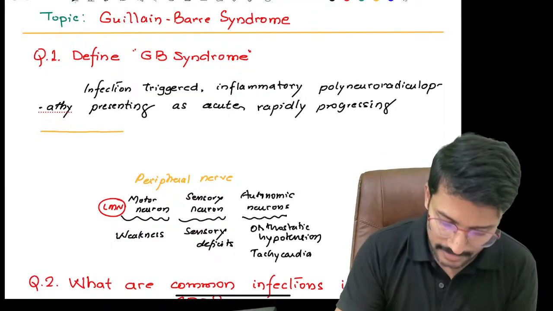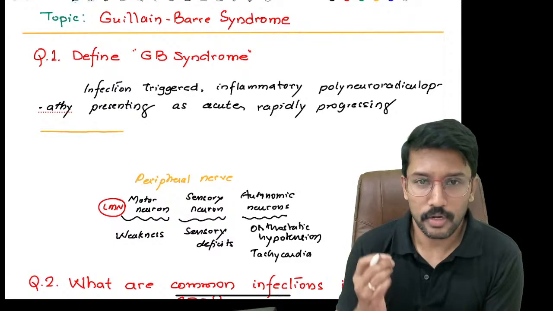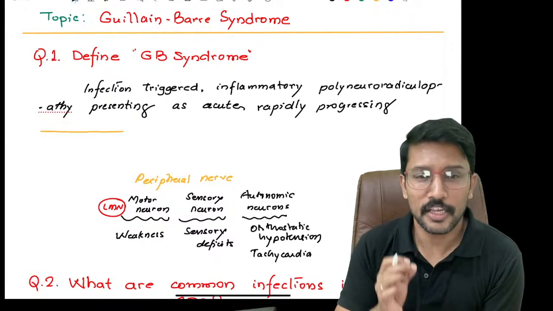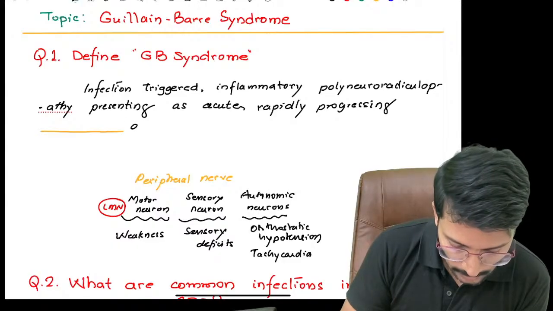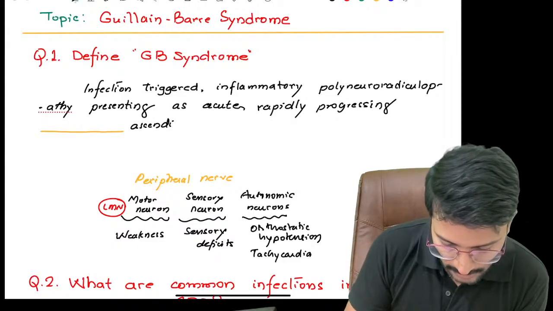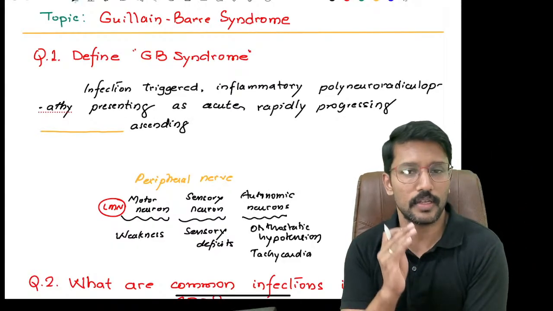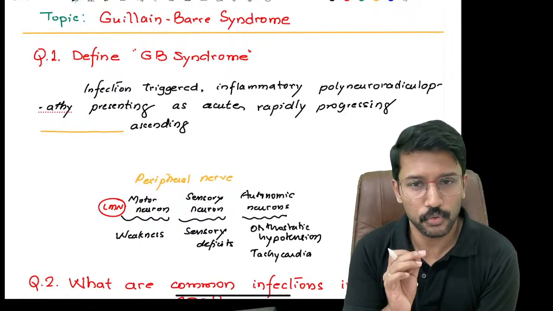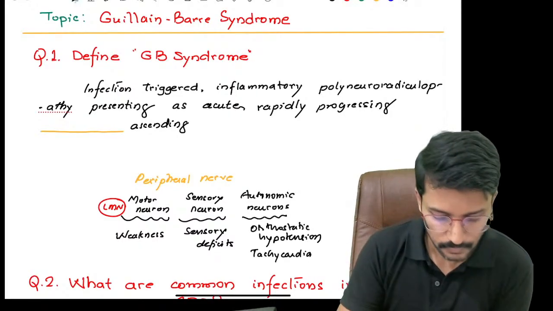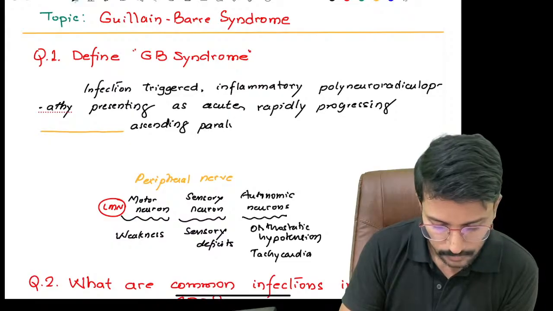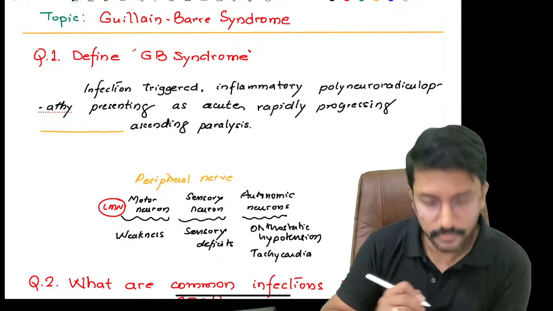So it is an infection-triggered inflammatory polyradiculoneuropathy presenting as acute, rapidly progressing ascending paralysis. And behind this, I want to use a term. Should I use flaccid? Should I use spastic? Or should I use rigid? Yes, so there will be hypotonia.